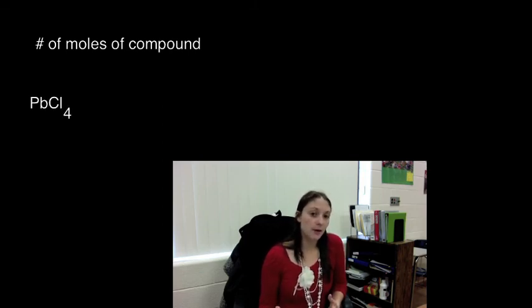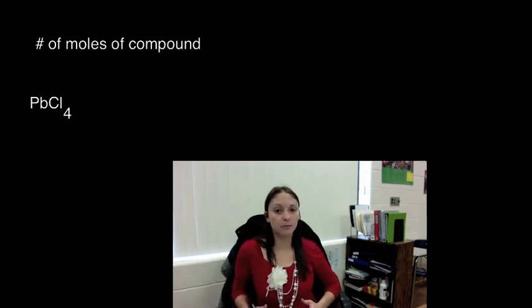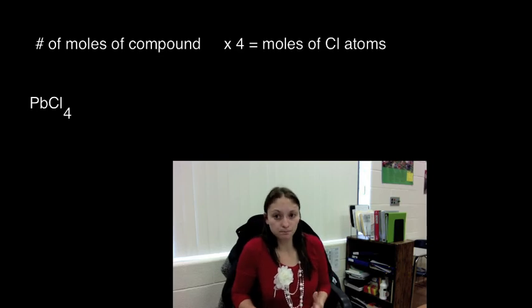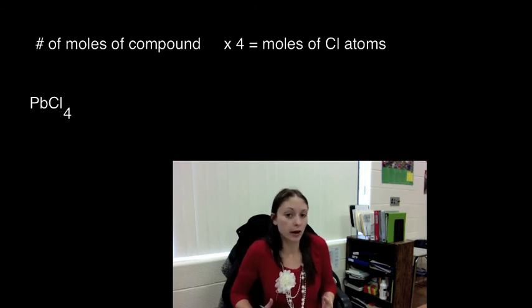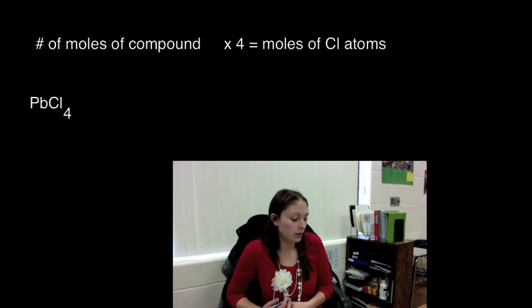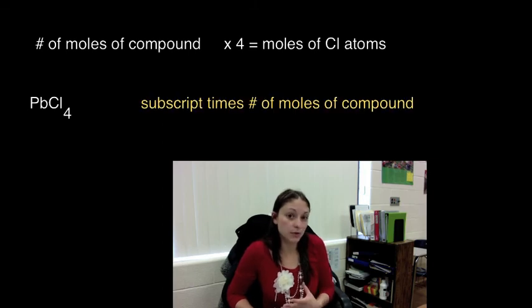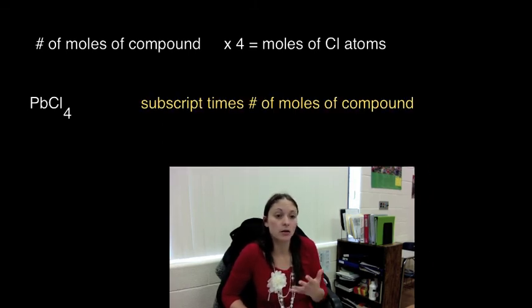That means if I want to know how many moles of chlorine atoms I have, I would take that number times 4. If I want to know how many moles of lead atoms I have, I would take that number times 1. Because there's 1 lead and there's 4 chlorines. So you take your subscript and you multiply it by how many moles you have, and that's how many moles of that particular element are in that compound.